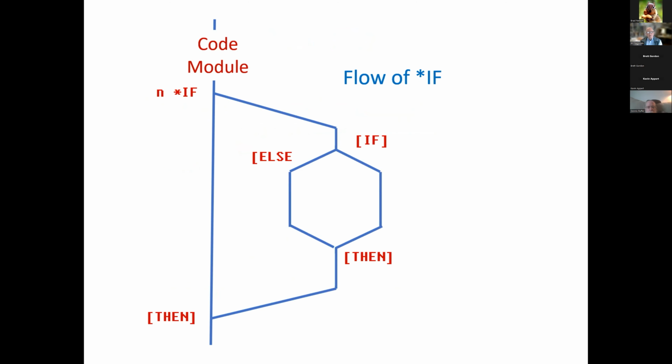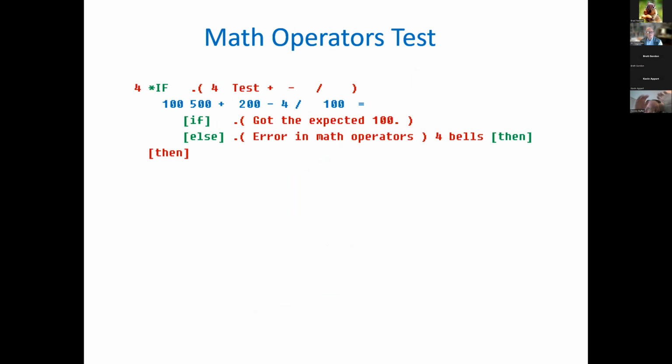The if-else-then structure can be nested, can be expanded to include an else. So in this case, we now see we have a code module we're testing. We give it the test level number and then the star if, and then we have a choice of executing 2 test possibilities. So in this case, we're going to test the math functions.